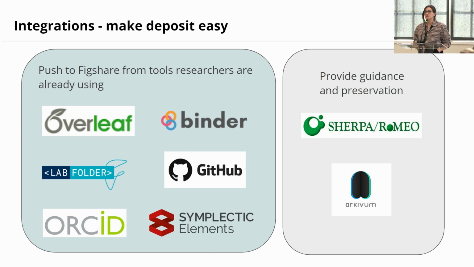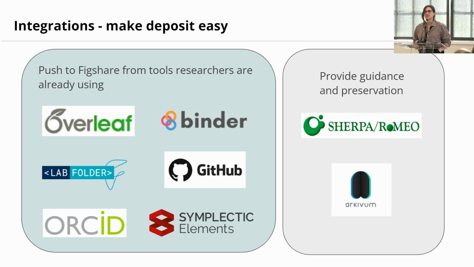So some of the reasons that you may want to recommend that researchers submit their data in Figshare rather than in Elements is that we already have integrations with things like GitHub, GitLab, Binder, Bitbucket, Overleaf, LabFolder. We found another one actually, I can't remember which one it is, but there's another lab e-notebook they've set up an integration to deposit into Figshare that we didn't even know about through our open API.